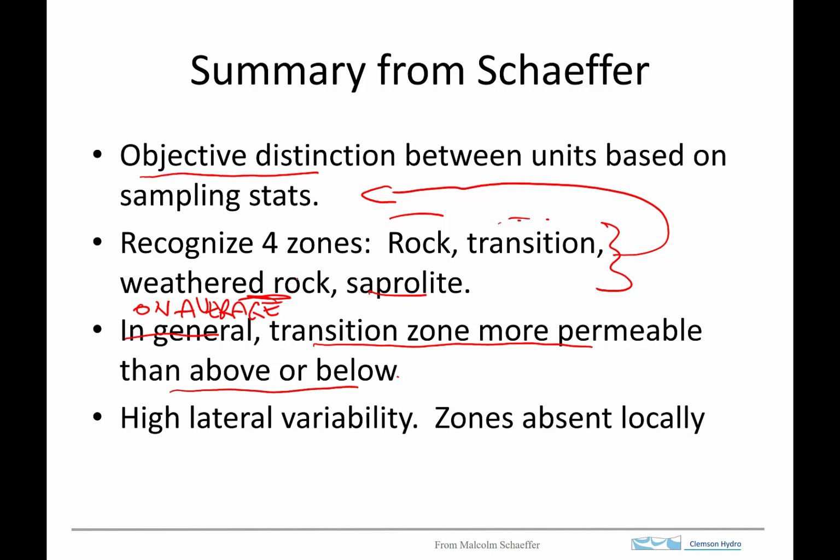On average, the transition zone is more permeable than above or below. Statistically, though, you could show that it was different from the zones above and below in about half the sites that were tested. And there's a high degree of lateral variability in the thickness of the weathered zones, and in some places the weathered zones are absent locally, although that's really fairly rare.